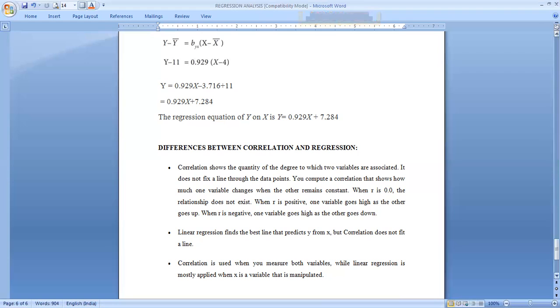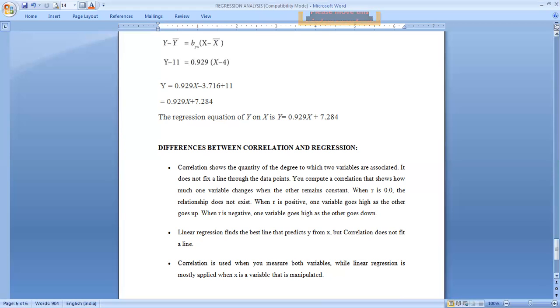Linear regression finds the best line that predicts y from x. This is the important point that linear regression finds the best line, which predicts y from the values of x. Correlation does not fit a line.